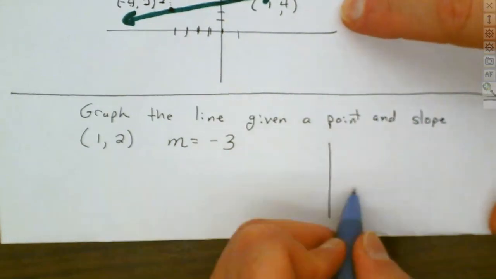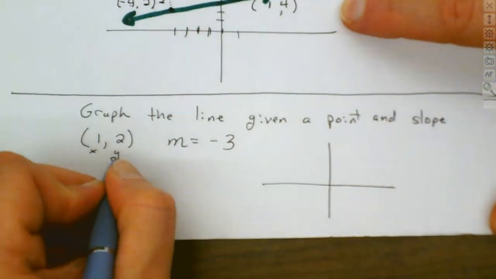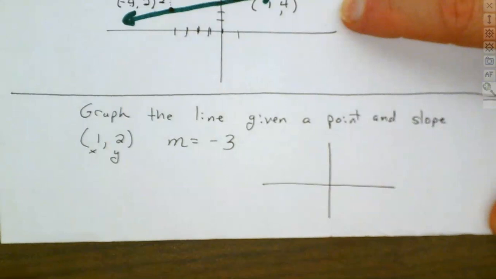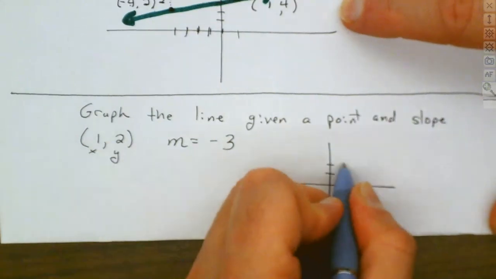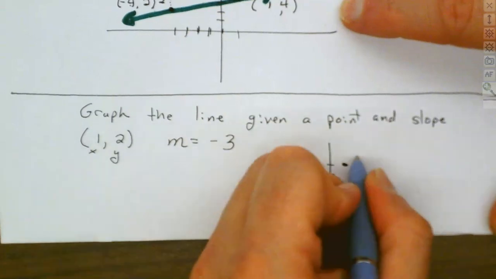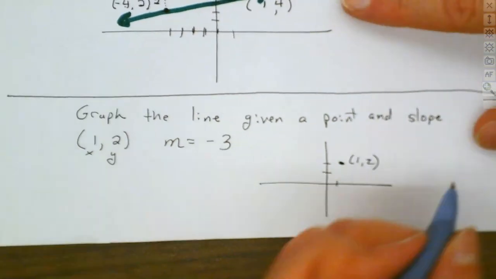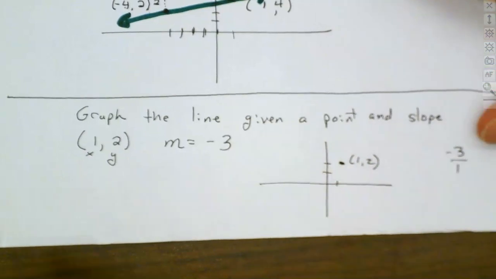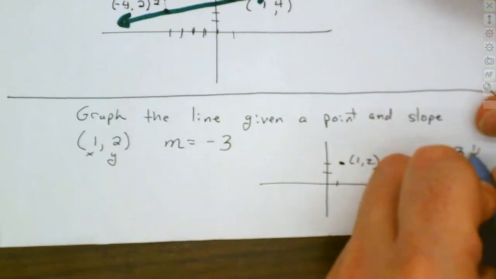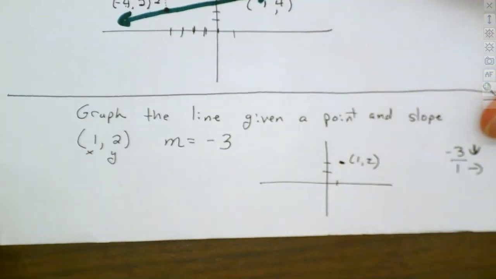So where do I start at? 1, 2, x and y. So that means we go over 1 and up 2. There's my first point. That's 1, 2. Now, what about my slope, m? Well, my slope is a -3, and that's going to be a -3 over 1. So we're going to have to go down 3 units and over 1.